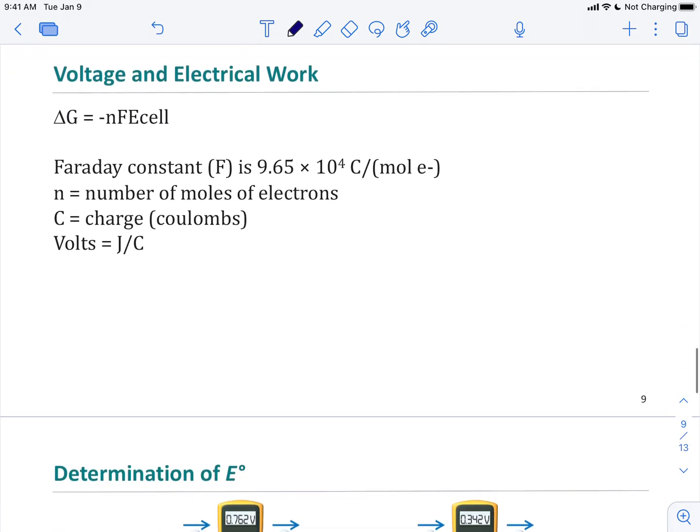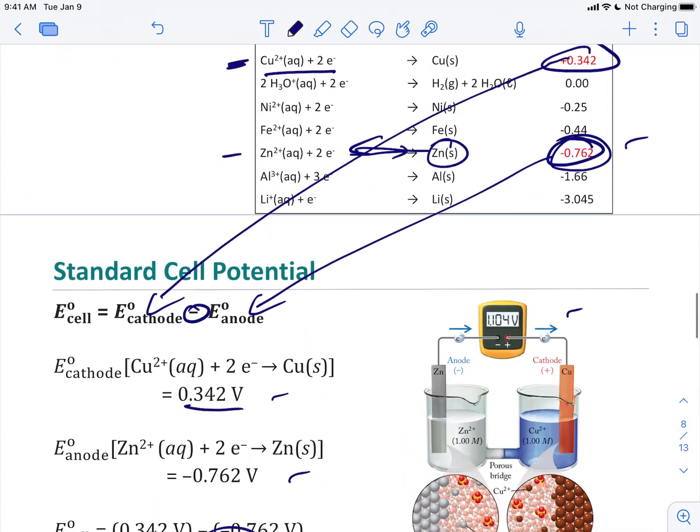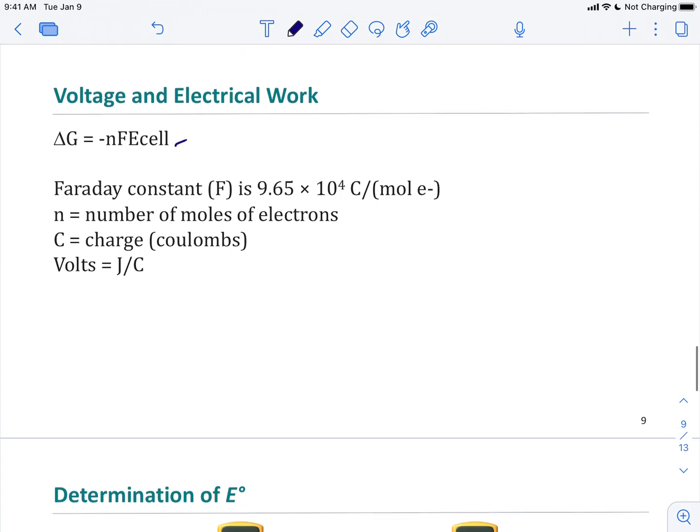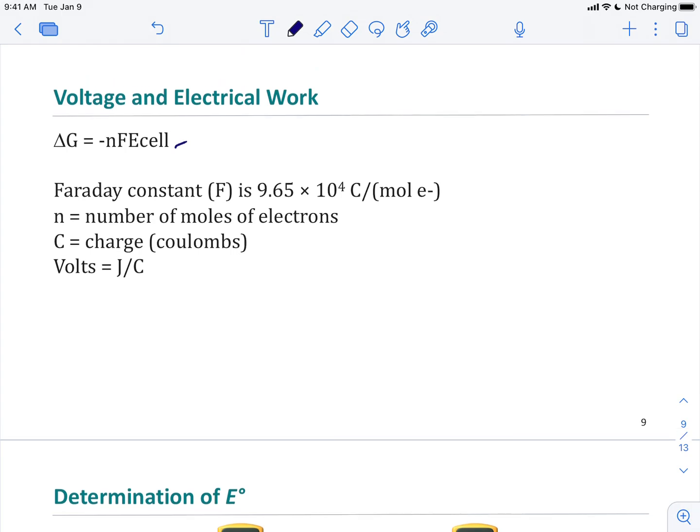Now, it's important to realize that voltage is kind of a measure of that work that you can do. Okay? And we saw that delta G is like that, so it's not surprising. And remember, these E naughts, these reduction potentials, are in volts. That volts relates to delta G, which is work.